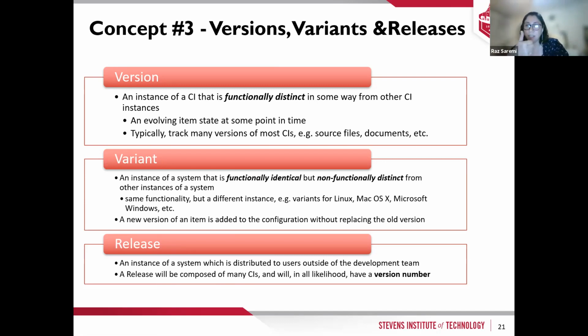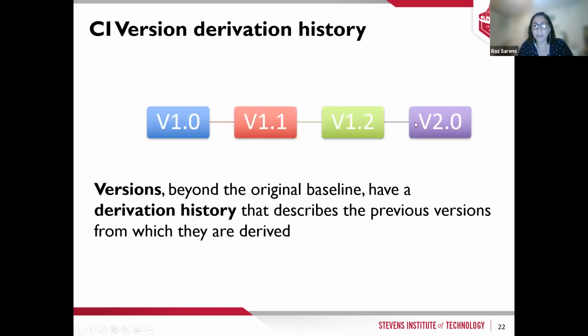Again, version is based on configuration item and functionally are different. Variant is based on systems, functionally is the same, non-functionally are different, and release is the entire system that I distribute for end users, and it has different version numbers, meaning we have different functions, or functionally they should be different. And we can always trace back different versions based on the configuration item version ID that I create.